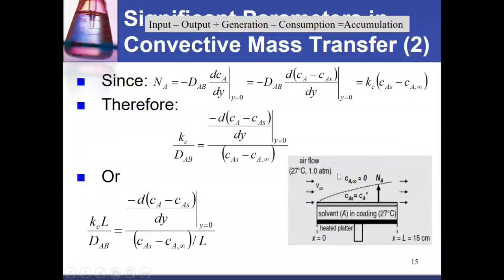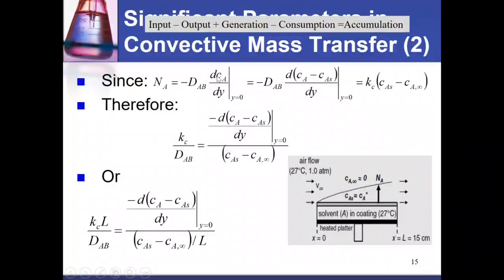Now we can equate these. If you multiply by the area, you multiply both sides by the area, so the area will cancel. The flux coming from the coating will equal the flux leaving the interface here. So Kc times CAS minus CA infinity will equal minus DAB times dCA over dy at Y equals 0.